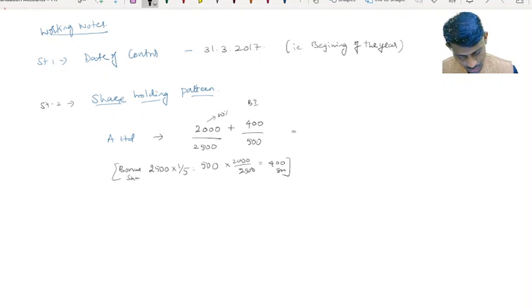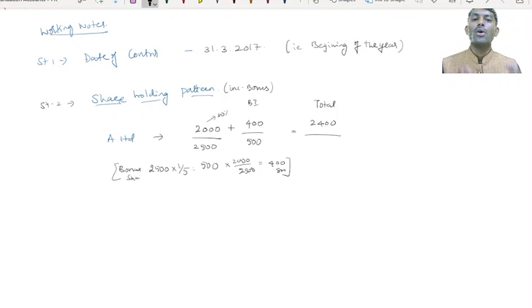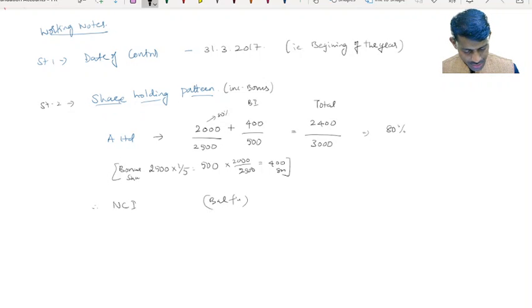Therefore, in total it is 2400 shares including bonus issue. The shareholding pattern has to be tested on the date of consolidation. So 2400 out of 3000 amounts to 80%. Therefore non-controlling interest, a balancing figure, is 20%. Total 100%.